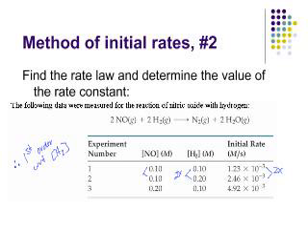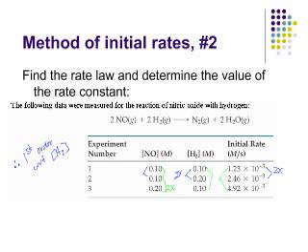Then I want to look at the first and third trials. It won't always be comparing the first and second and the first and third trials. It just worked out that way for this particular set of problems that I chose. If we look at the first and third trials, I'm going to hold the hydrogen concentration constant. I'm going to double the NO concentration.